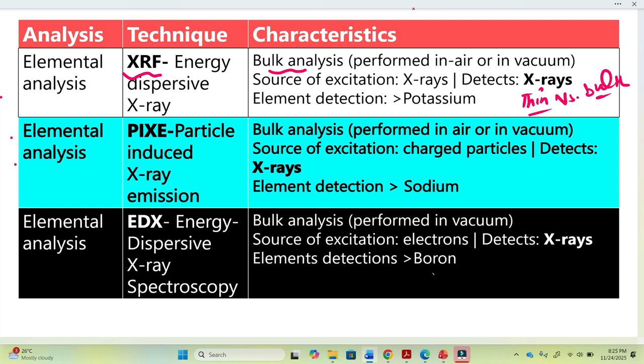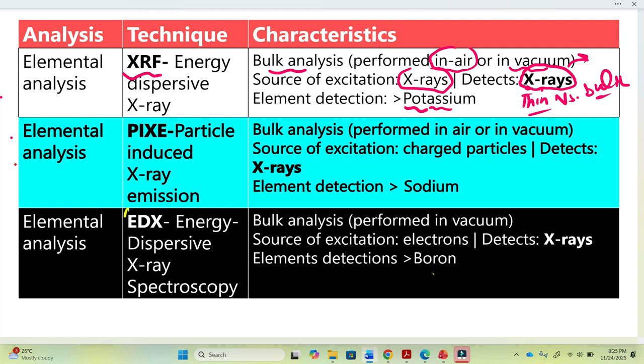Bulk means volumetric, and it can be performed in air, very nice, as well as in vacuum when there is no air. Now, the source of excitation is basically X-ray, as we have seen, and we detect X-ray. These X-rays contain information about the sample. The detection limit is that it analyzes elements greater than potassium in the periodic table.